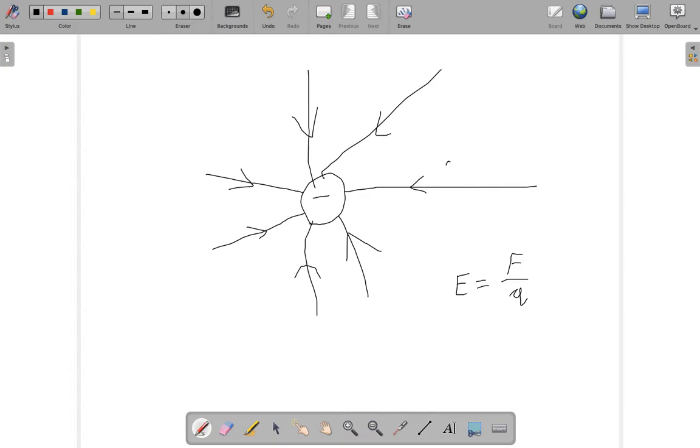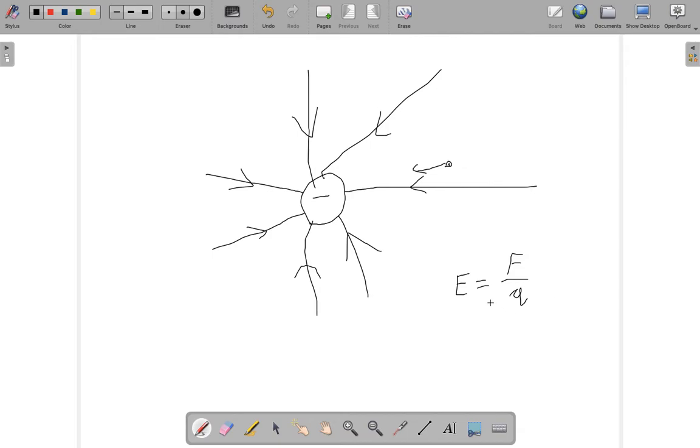So if we have, let's say, a small positive charge over here, and because it faces a force going inwards towards this negative charge, it's attracted towards it, the electric field will be the force over the charge.